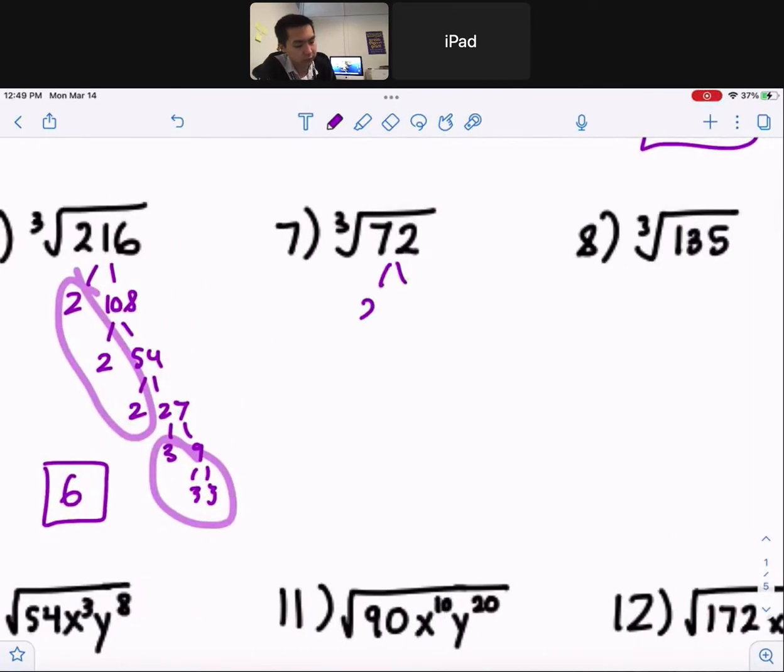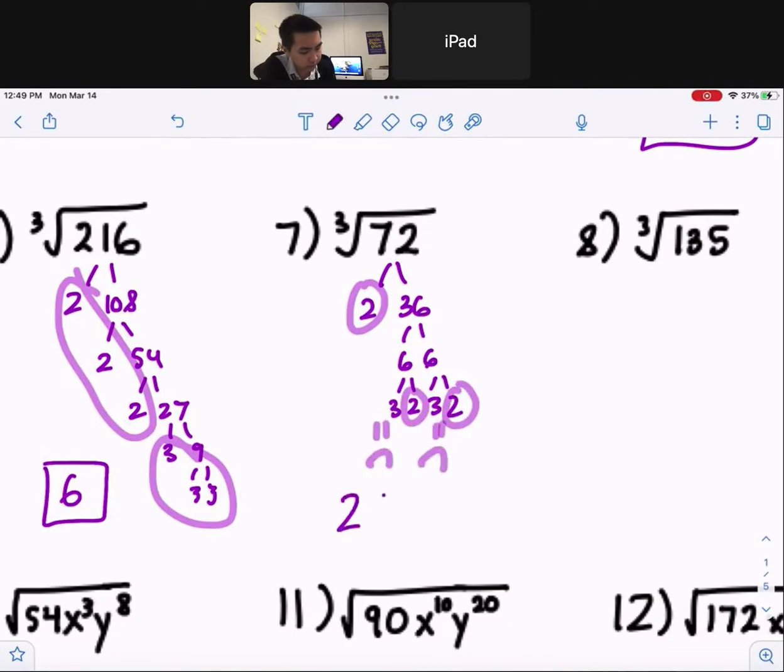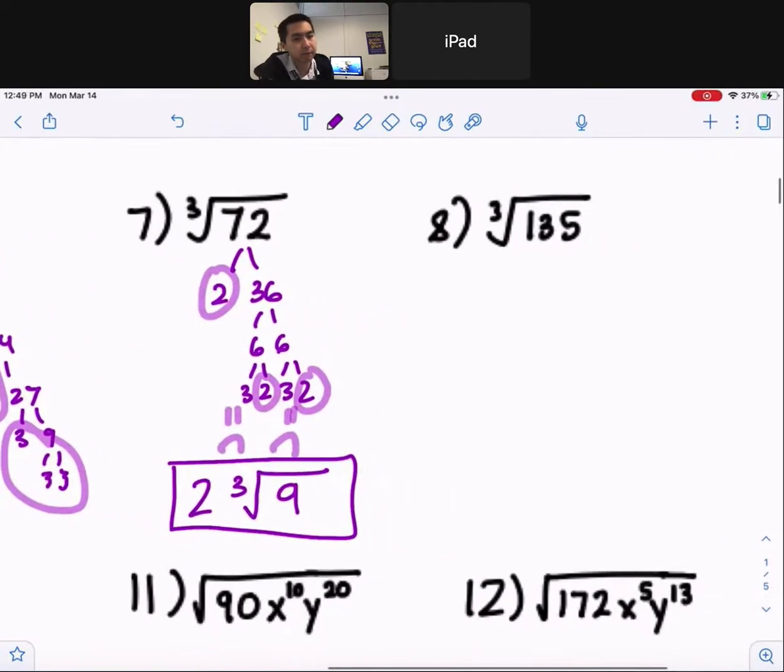This one, 2 times 36, 6 times 6, 3 times 2, 3 times 2. I see a group of 3 twos, and we got a leftover 3 and another leftover 3. So the 2 comes on the outside, and the 2 leftovers we found were the 3 and the 3. So 3 times 3 is 9. 2 cube root of 9.